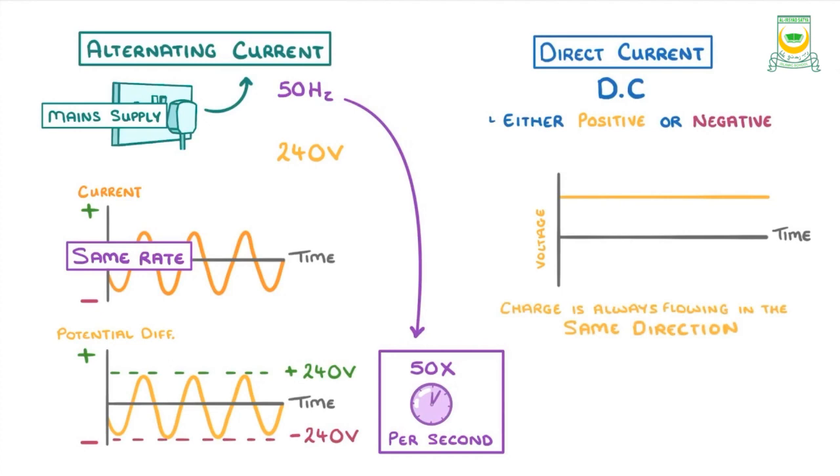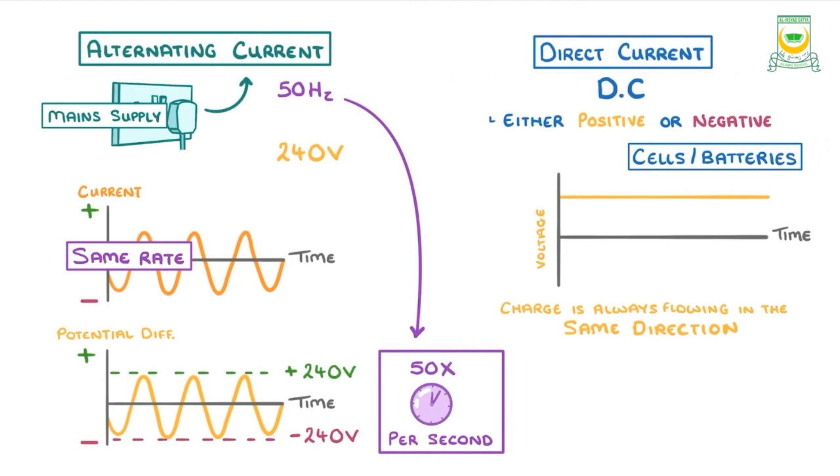This one can be either positive or negative, and you can see that the charge is always flowing in the same direction. For example, when you use a battery, let's say in your phone, it uses direct current, not alternating current.